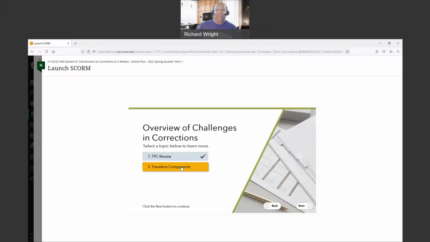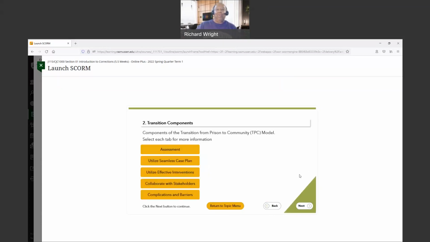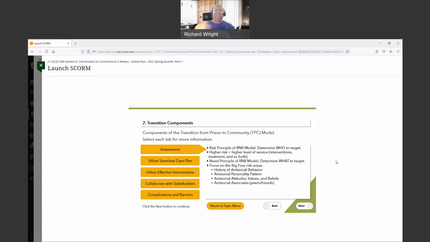All right. So transitioning from prison, or TPC, involves these various processes. The first one is assessment. What we do is we evaluate and determine where those individuals are on the RNR, the risk-need position, and we first determine who's the target.